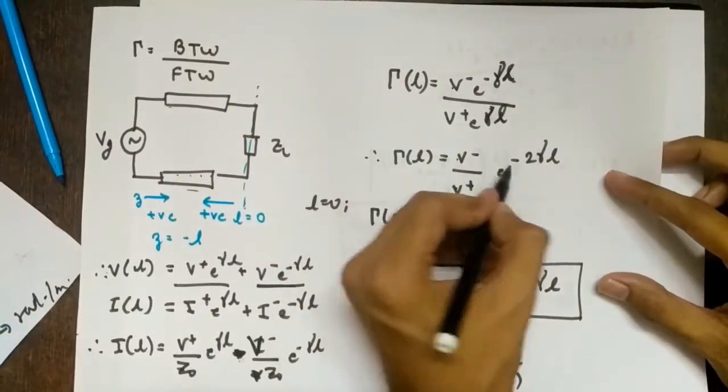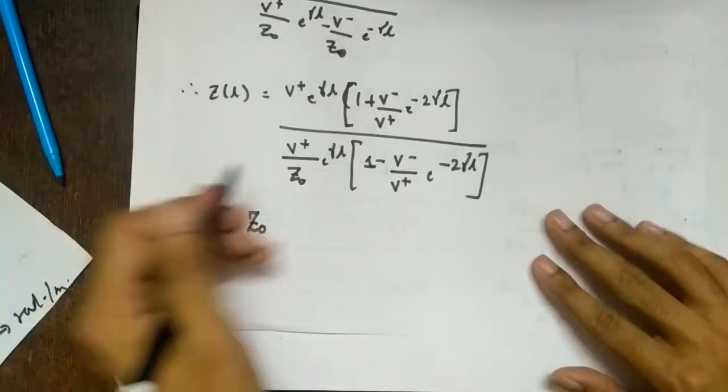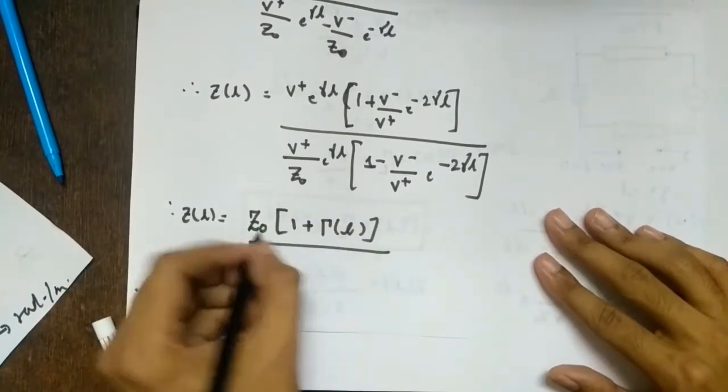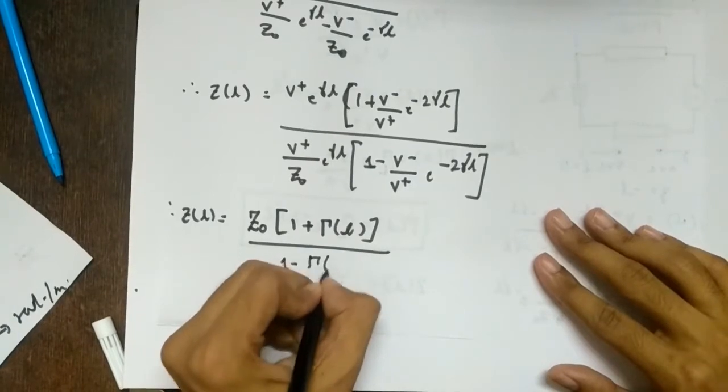V minus by V plus e raised to minus 2 gamma L is gamma of L. So this will be Z0 into 1 plus gamma of L upon 1 minus gamma of L, right?